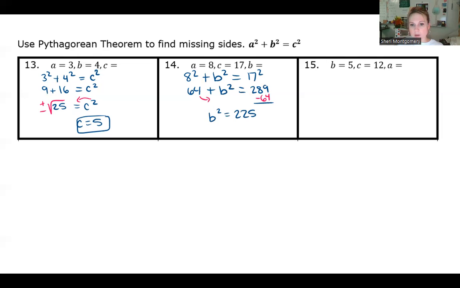So we need to square root it. And so it's plus and minus the square root of that. It's technically plus and minus 15, but we can't have a negative side length. That doesn't make sense.